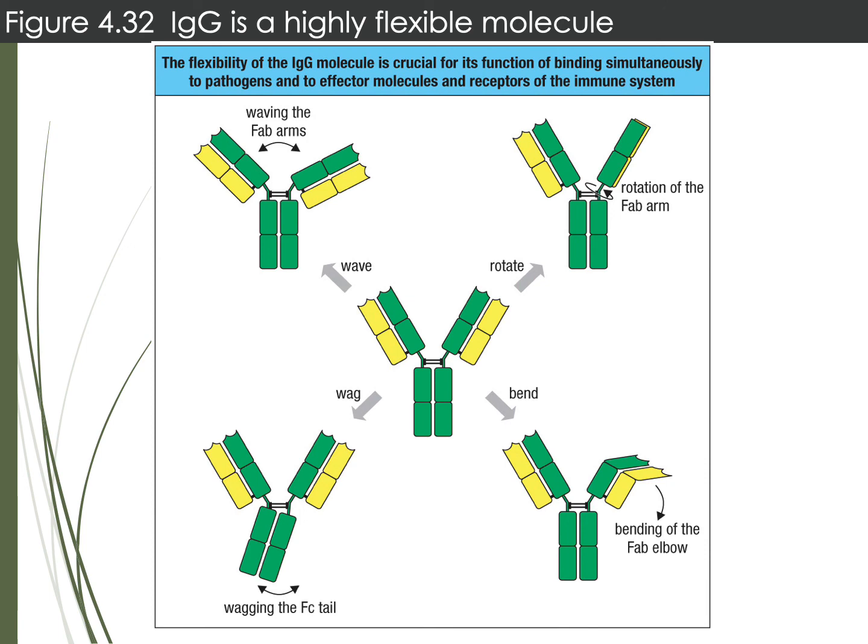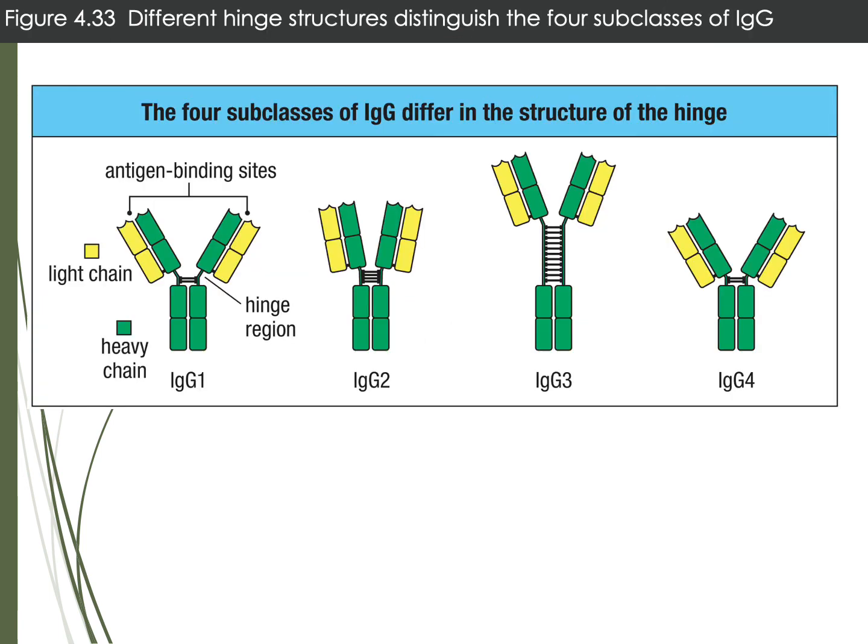Again, that can change how it's going to interact with the epitope, and that can also allow for multivalent binding, where you get binding of both Fab regions, both antigen binding sites. With the different subclasses, isotypes of IgG, that hinge region is different, so how it can flex and move is also different.